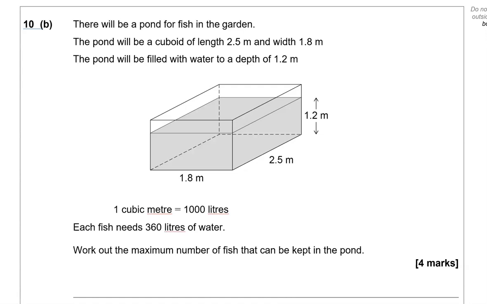Okay, so let's work out how much water there will be. So we've got these dimensions: 1.2 meters by 2.5 by 1.8. So that will give us the capacity of the pond up to this point.